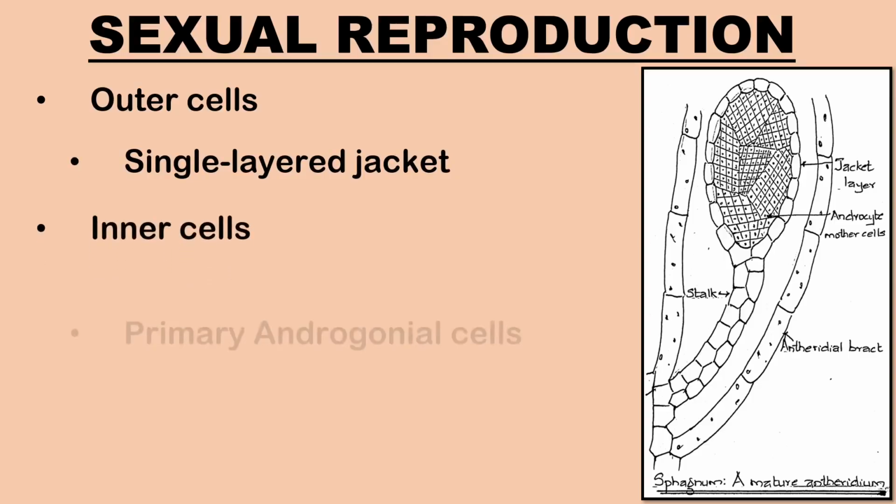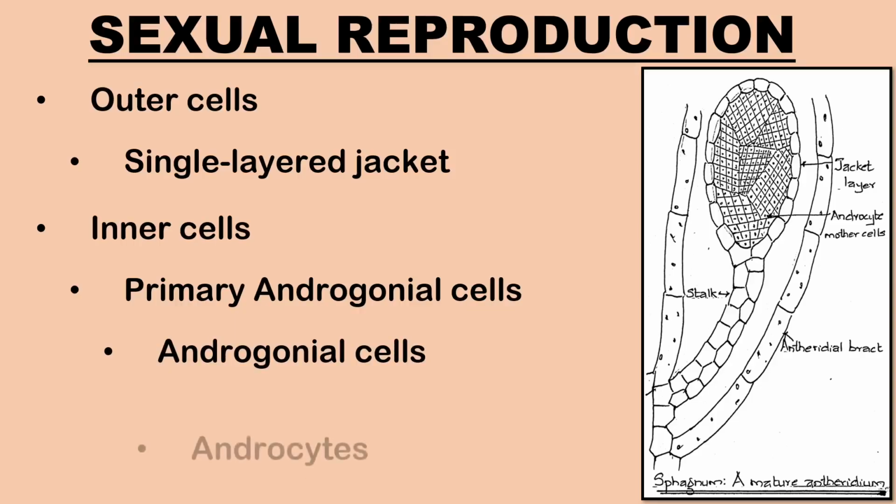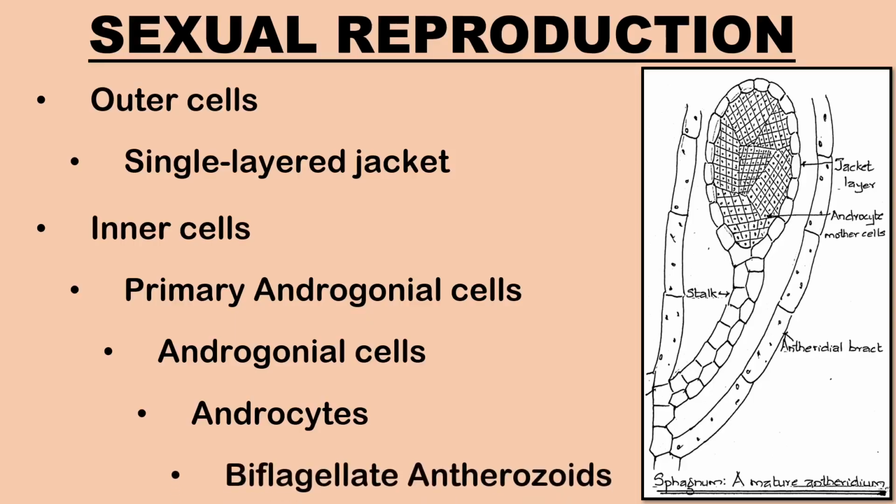The inner cells form the primary androgonial cells, which by mitosis form numerous androgonial cells. Each androgonial cell produces two androcytes. Each androcyte undergoes metamorphosis and forms a single biflagellate antherozoid or the male gamete.